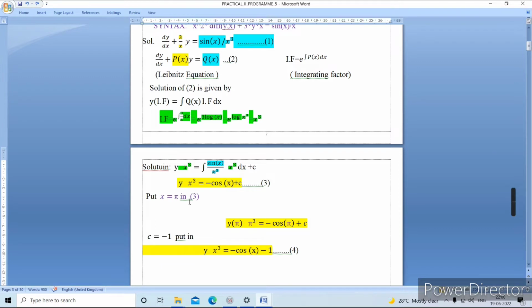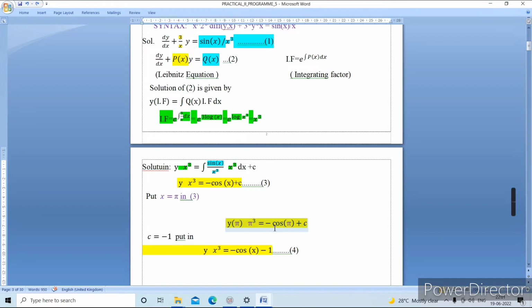So put x equal to pi in my solution, which is equation 3. It becomes y at pi times pi cube is equal to minus cos pi plus c. As cos pi is minus 1, it is plus 1, and this is 0, so c comes out to be minus 1.